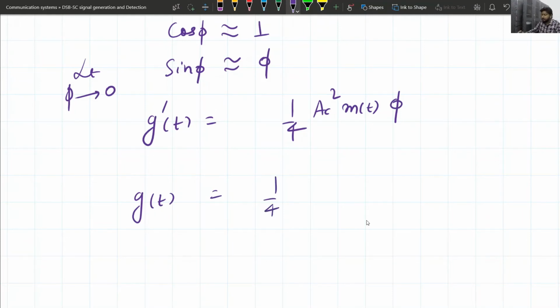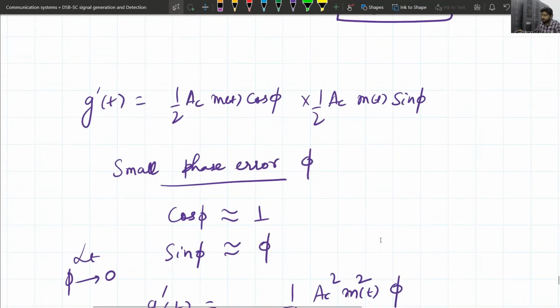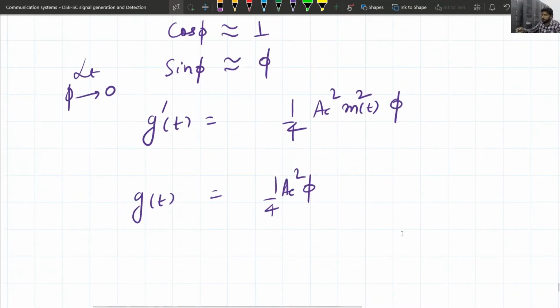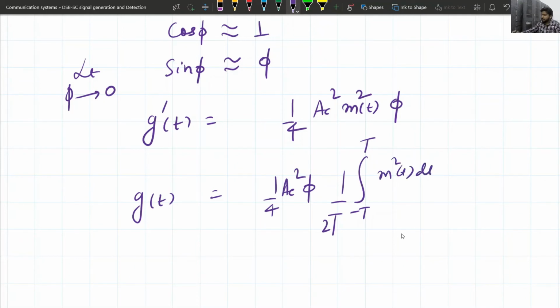It will be 1 by 4 Ac square into phi, times m square t. You can see m(t) into m(t), m square t. That will be 1 by 2T, integral from minus T to T of m square t dt. This is the time averaging unit. This is the average power of m(t).